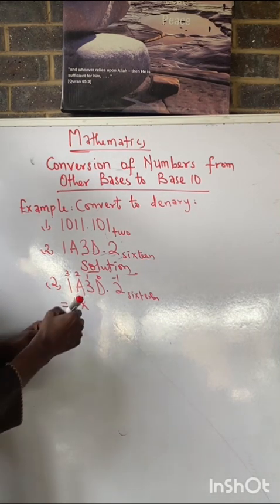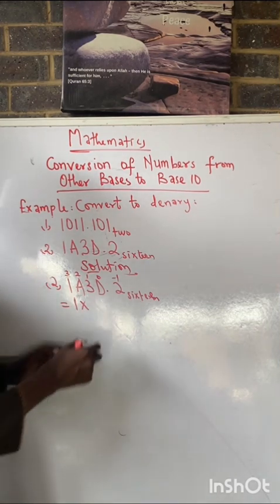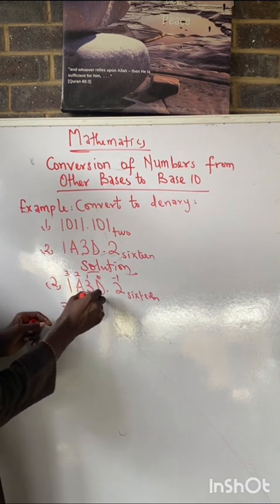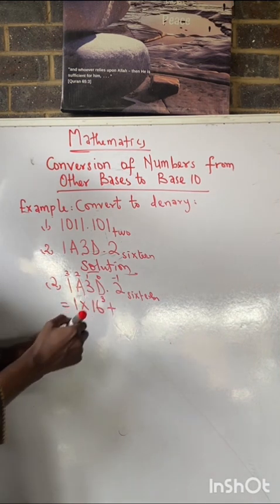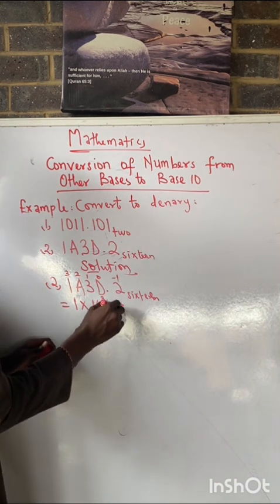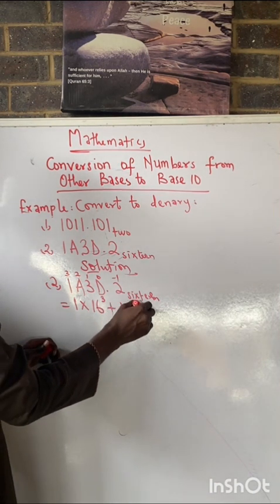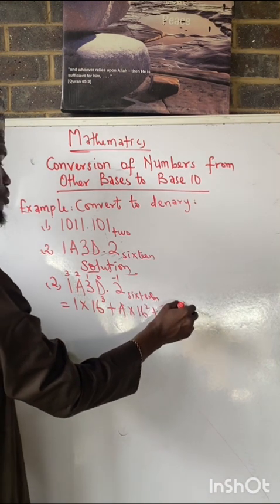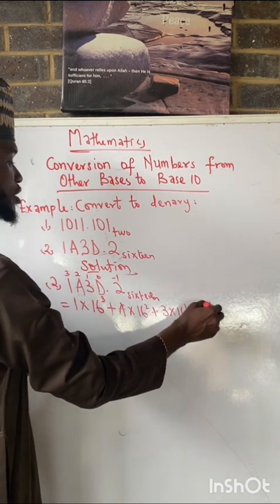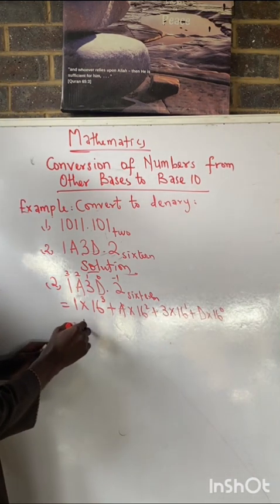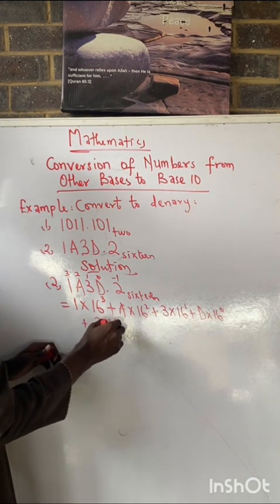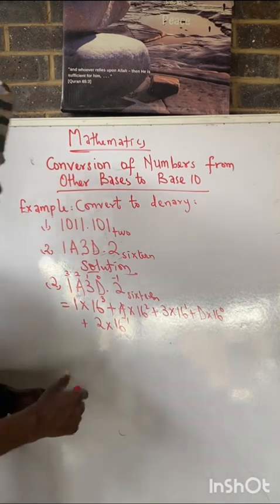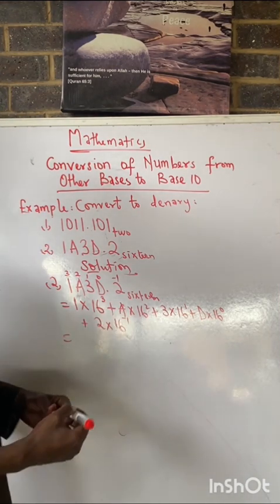1 times, what's our base? The base is 16. 1 times 16 raised to the power of 3, plus A times 16 to the power of 2, plus 3 times 16 to the power of 1, plus D times 16 to the power of 0, plus 2 times 16 to the power of minus 1. Now, we still have to break this down.